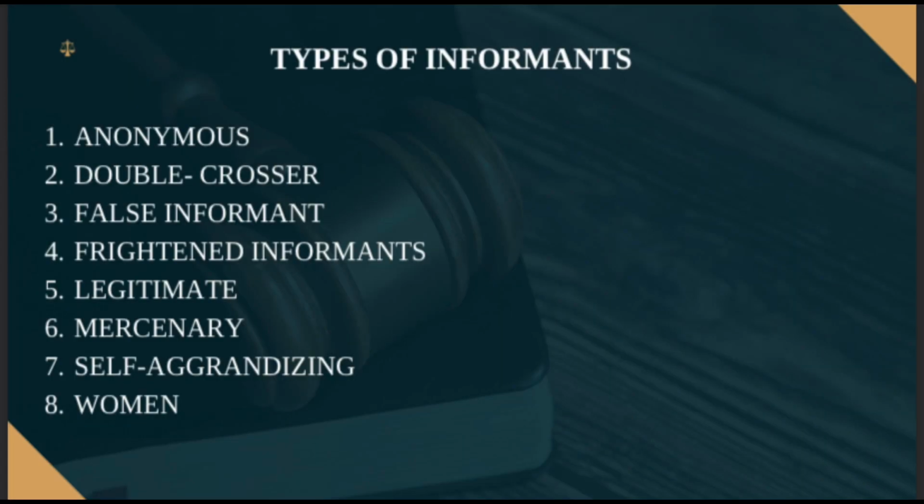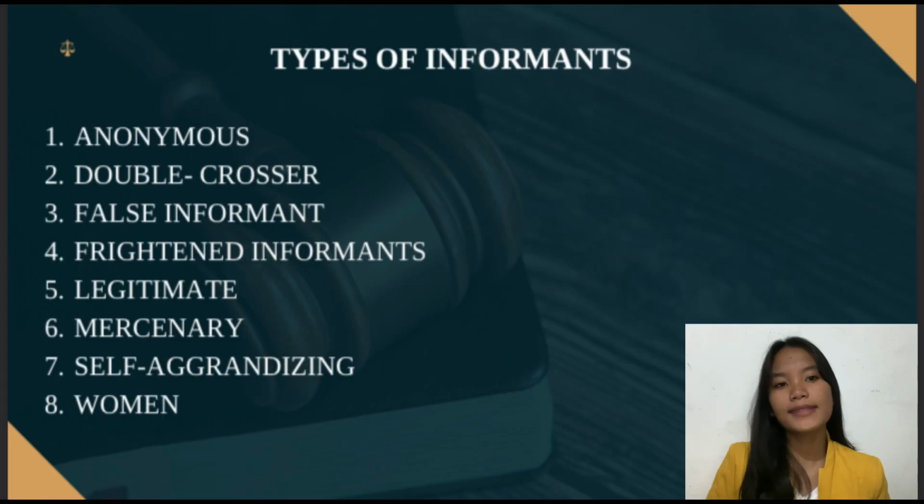So we have 8 common types of informants. So first is anonymous. So these are unidentified or unknown informants and usually provide information to the police through telephone or cell phones. And second, we have double crosser. So these are those informants who provide information in order also to gain information from the police.